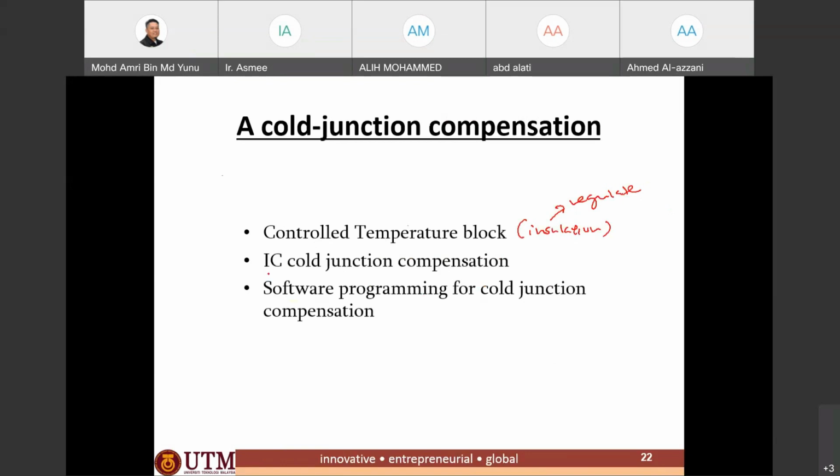There are other methods, like integrated cold junction compensation, and also software programming for cold compensation. But I think the practical one is using the controlled temperature block.